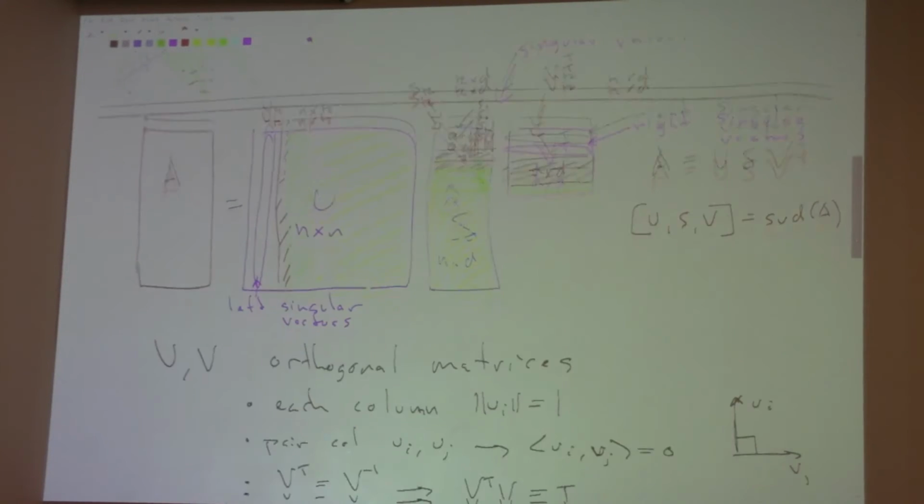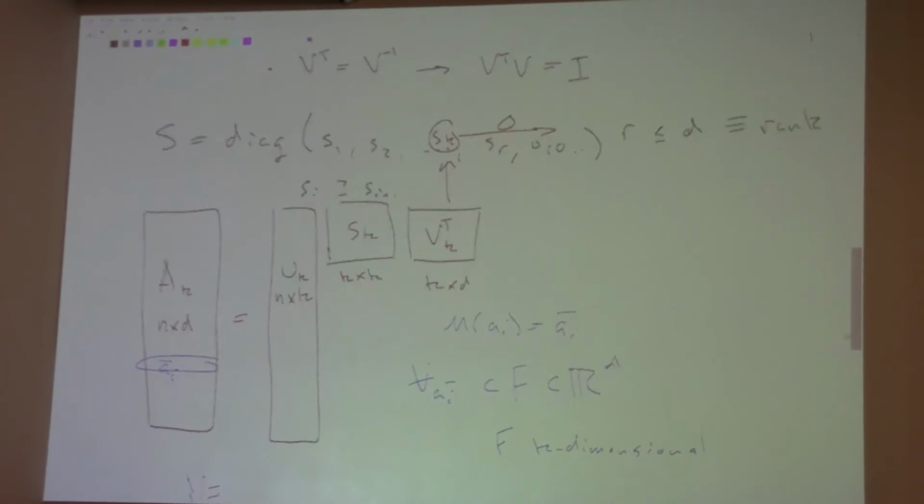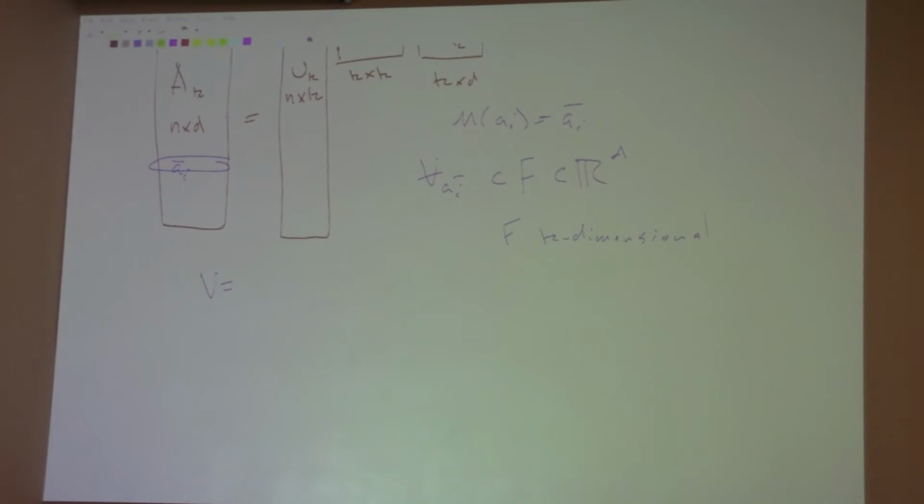Okay, so why does this work? Well, let's write these right singular vectors as v1, v2, up to vd. These are the columns of v, or the rows of v transpose.